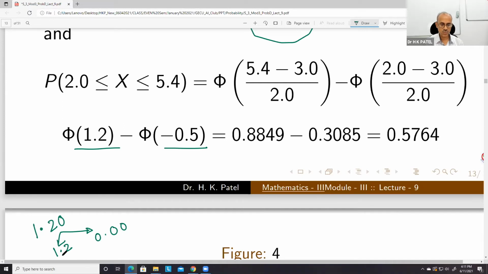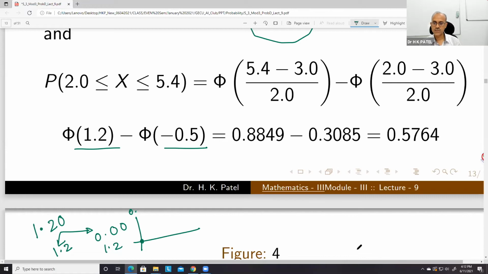So this is the leftmost column, and then this is the second column 0.00. So this is the 1.2 row, and then first 0.0. So in this way you can find the value.